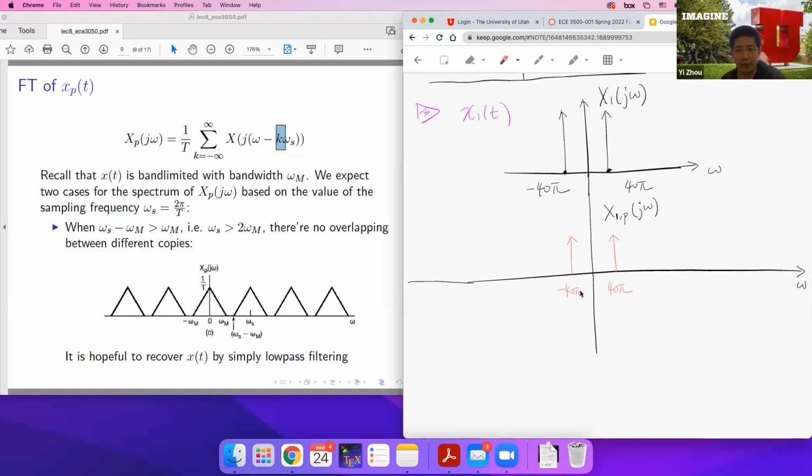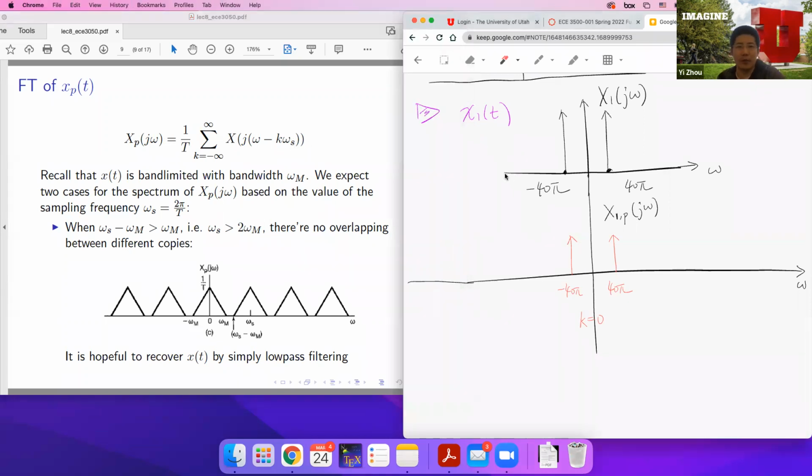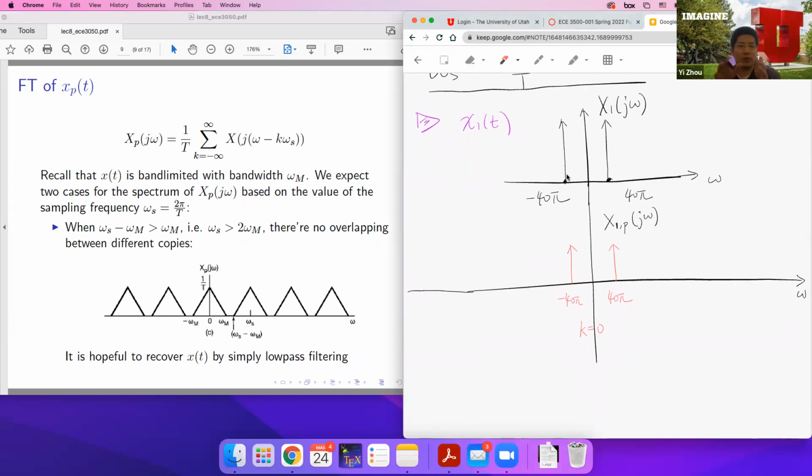Okay, so this is the first copy. And then you look at the second one. For k equals 1, you are shifting this spectrum to the right by omega s. And now omega s is given by 200 pi. So you are shifting these two arrows to the right by 200 pi. That will give you the second one.